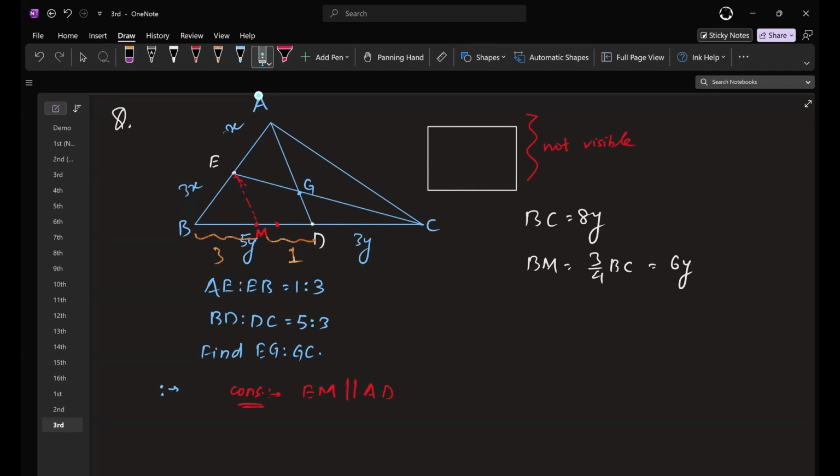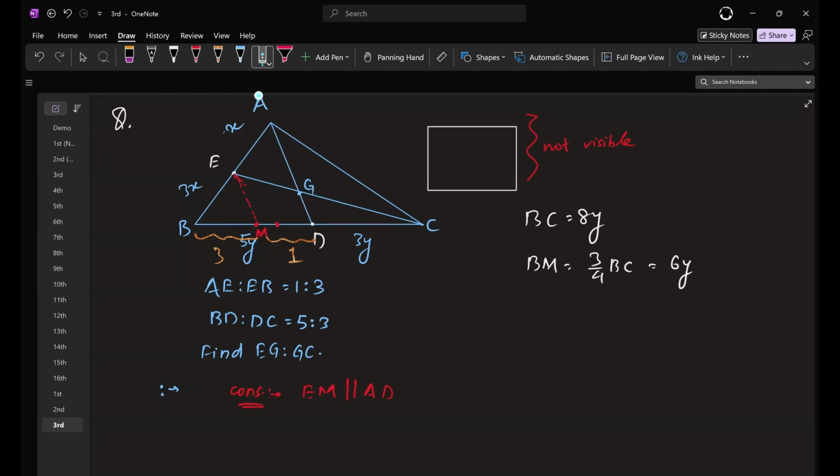Okay. See, if we had drawn EM parallel to AC, it was very good. This was 3 is to 1, and we were able to find this BM. But what will we do with this BM? Because if we have to find EG is to GC, then in this triangle we have to have these two side lengths parallel to each other, such that EG is to GC is equal to MD is to DC.